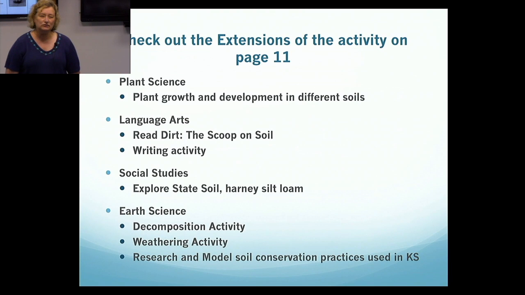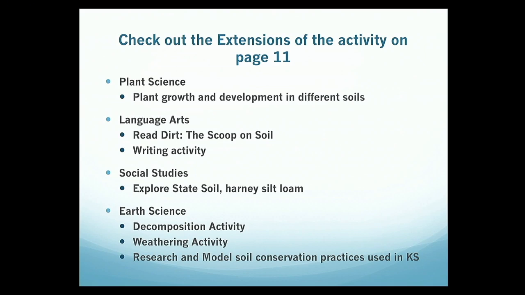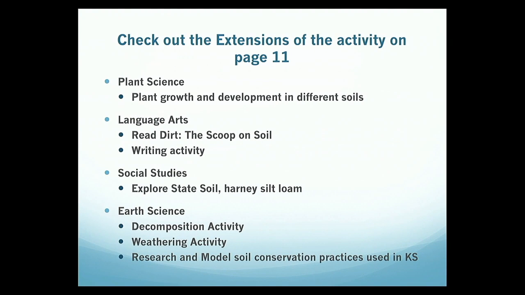And then social studies, exploring the Kansas state soil, which is Harney Silt Loam. And then looking at earth science, they can do a decomposition activity, a weathering activity, and they can research and model soil and water conservation practices used in Kansas to help prevent erosion. So that is the conclusion of this particular lesson plan.